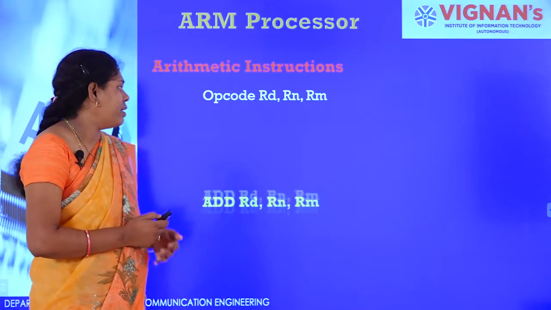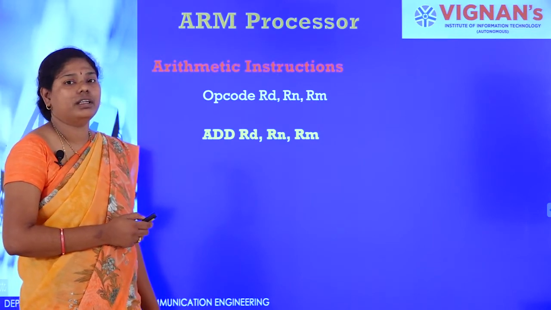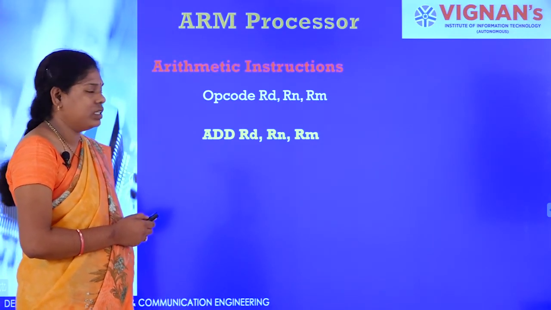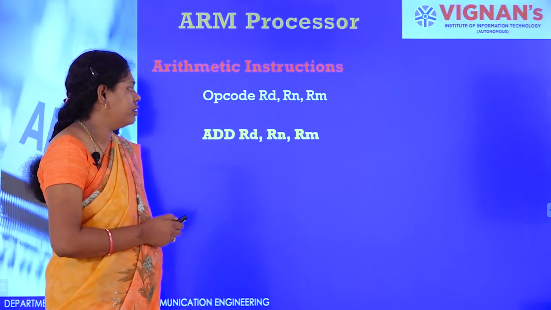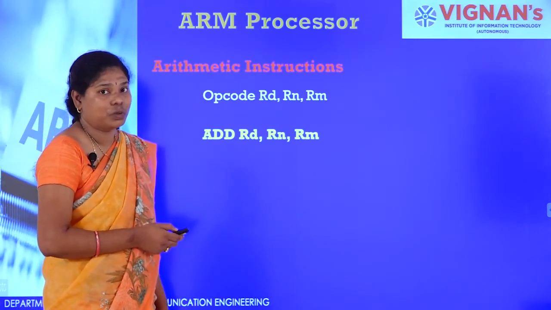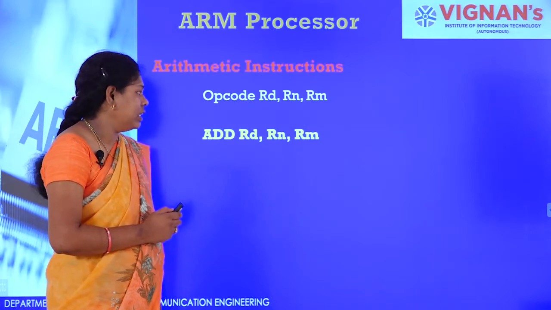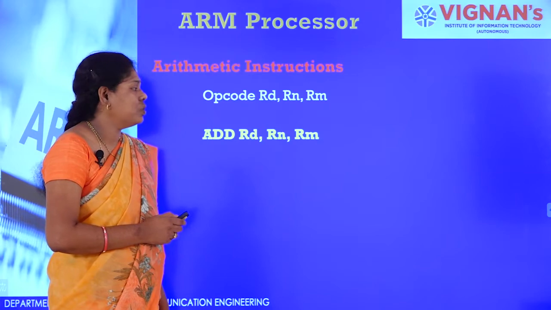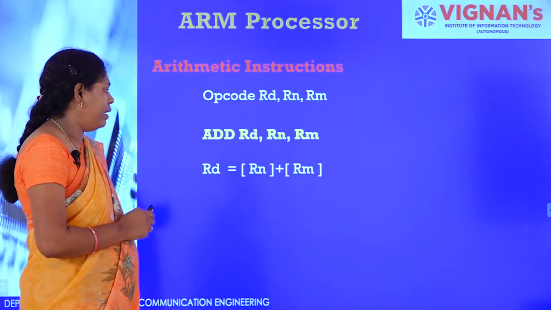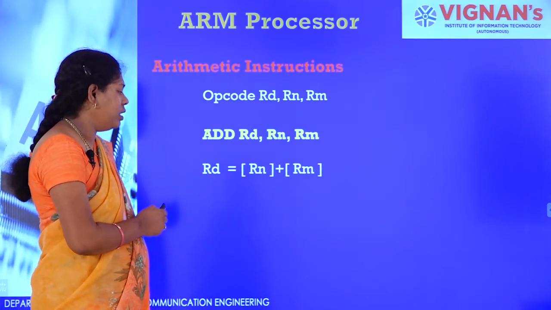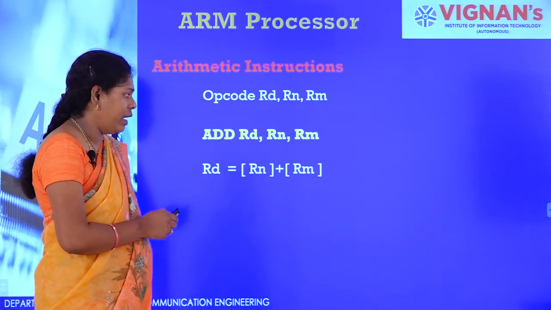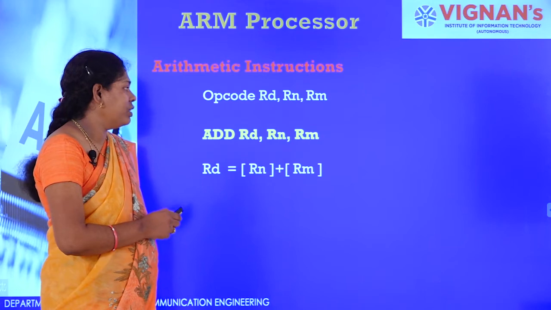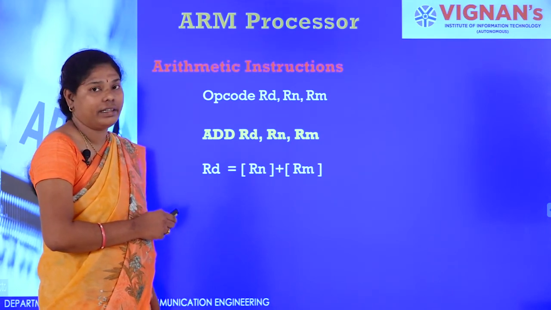Let us see the add instruction, ADD RD, RN, RM. The first one is the destination, the next two are source 1 and source 2. Always remember, RD is the destination, RN is source 1 and RM is source 2. So, ADD: RD is equal to content of RN plus content of RM. Here we are giving the data directly.